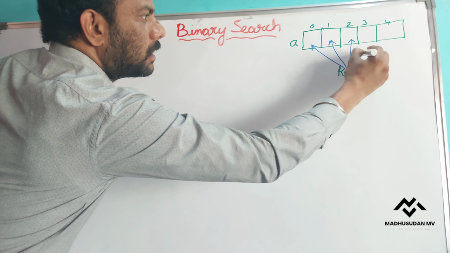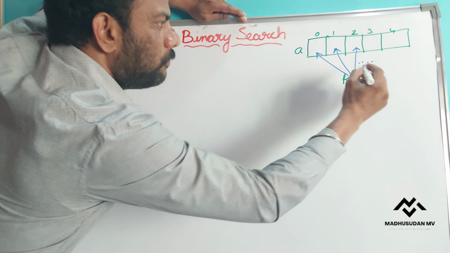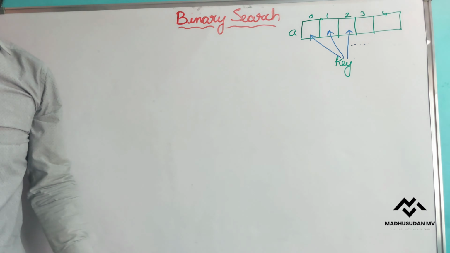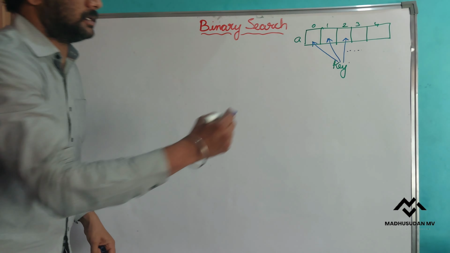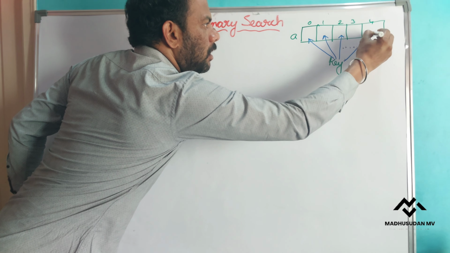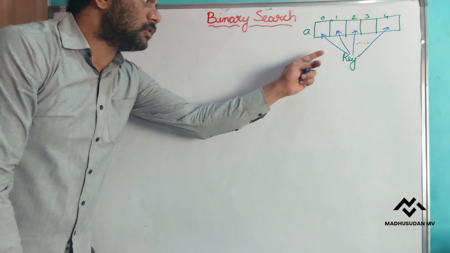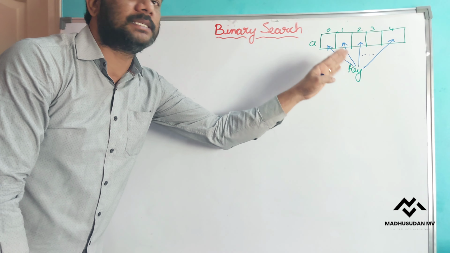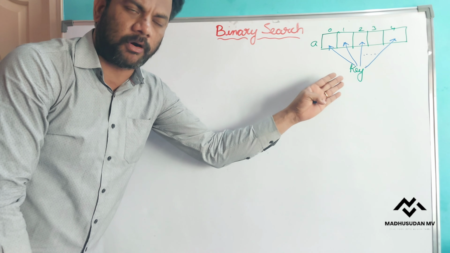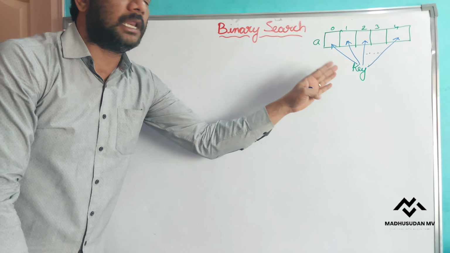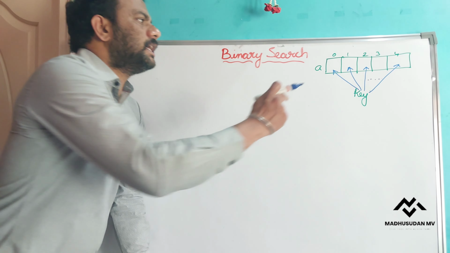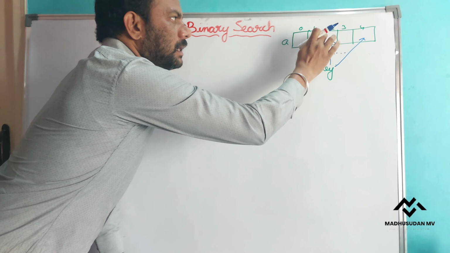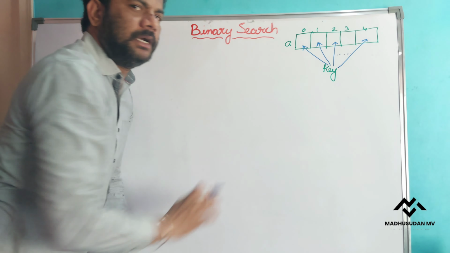Like this, we compare the key element with all the elements one after another in a serial fashion, hence it is also called sequential search. Finally, we compare with the last element, and if even after checking all the elements we have not found it, we say it is an unsuccessful search, the key element was not found, and we return -1 as the output. If the key element matches a particular element anywhere, we stop searching there itself and return that position. This is what we did in linear search.